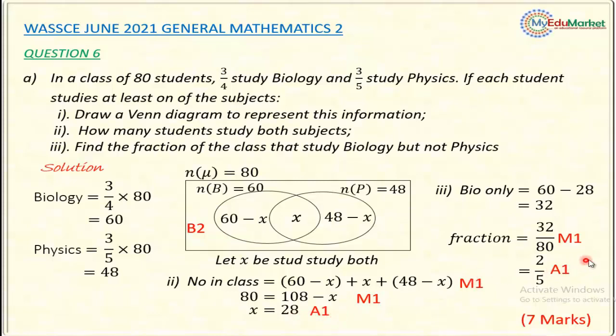And for the fraction of those that study biology but not physics, putting 32 over 80, you have method 1 mark. And simplifying it to simplest form, you have the accuracy 1 mark if you have 2 over 5. So this question 6A, in total there are 7 marks according to the WAEC marking scheme.